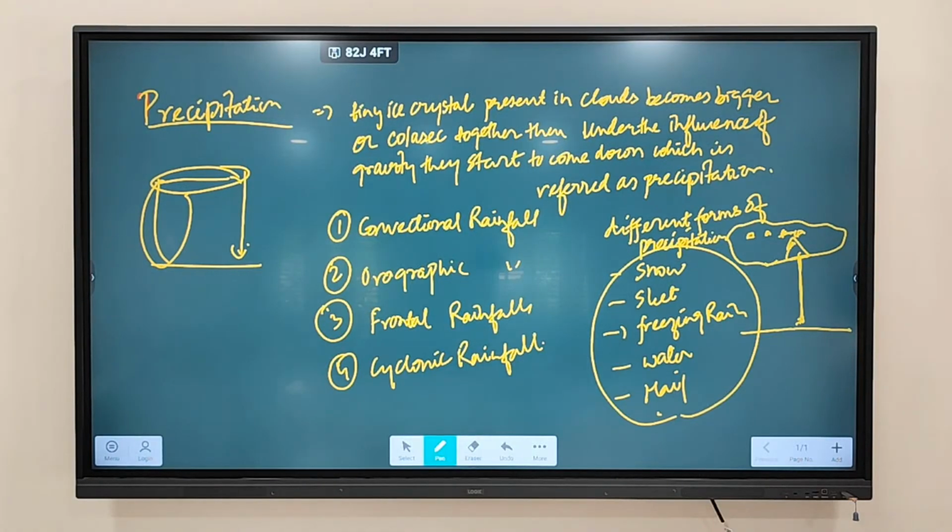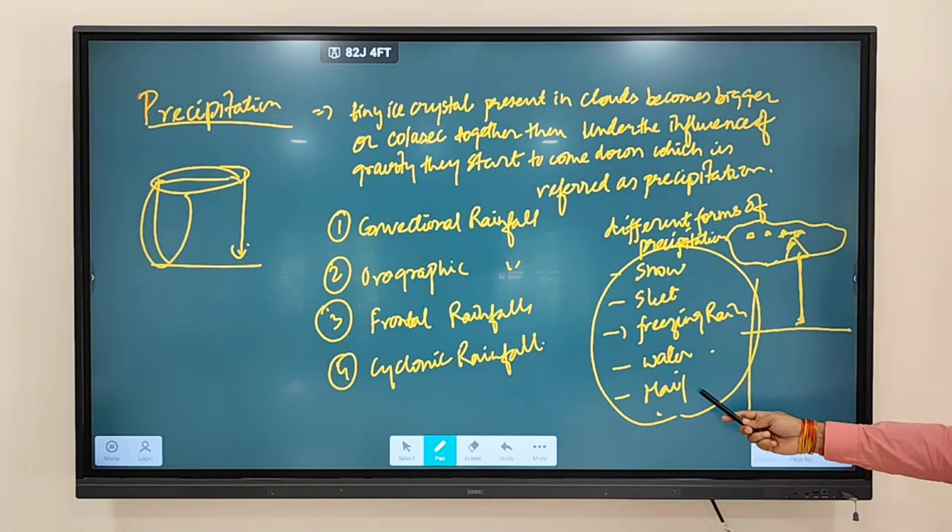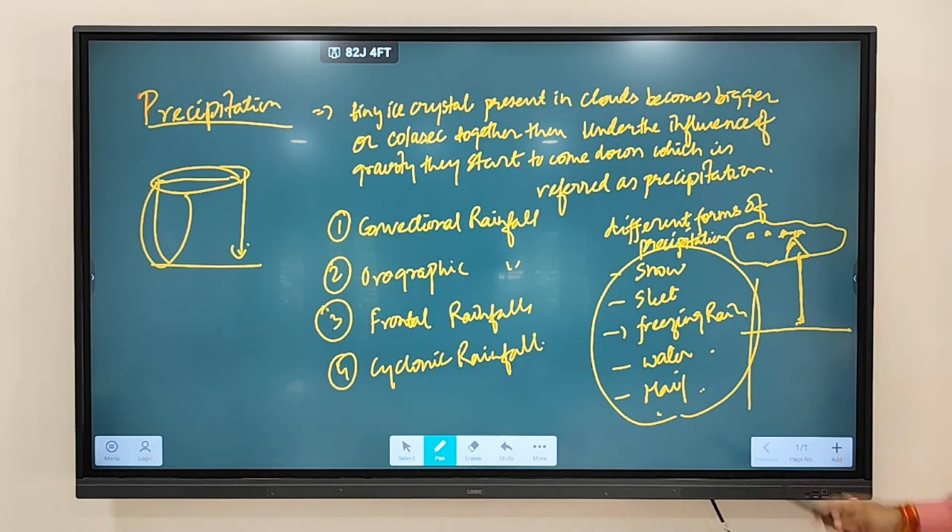Convectional, orographic, frontal, cyclonic rainfall are different kinds of precipitation. These are different forms of rain. As we discussed, rain may come down in the form of water, or in the form of bigger ice crystals, hail, snow, sleet, or freezing rain. Rain may come down in all these forms. So that's why different forms of precipitation are also there.